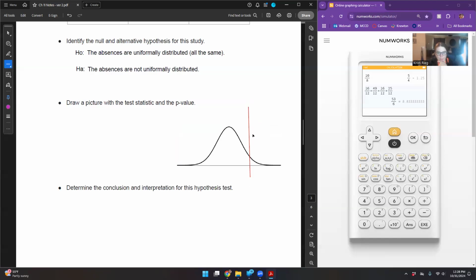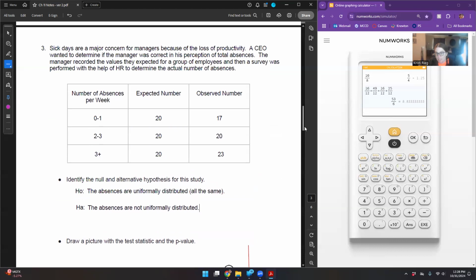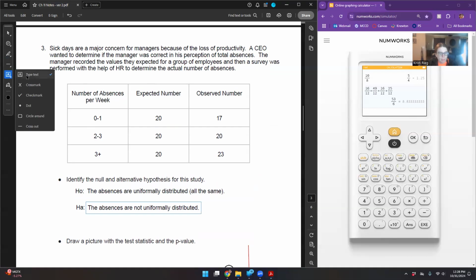So the test statistic will go on this line, and then the p-value, you'll see it over the alpha, all over here. It didn't say alpha, but when it doesn't say alpha, we are going to use 5% or 0.05.